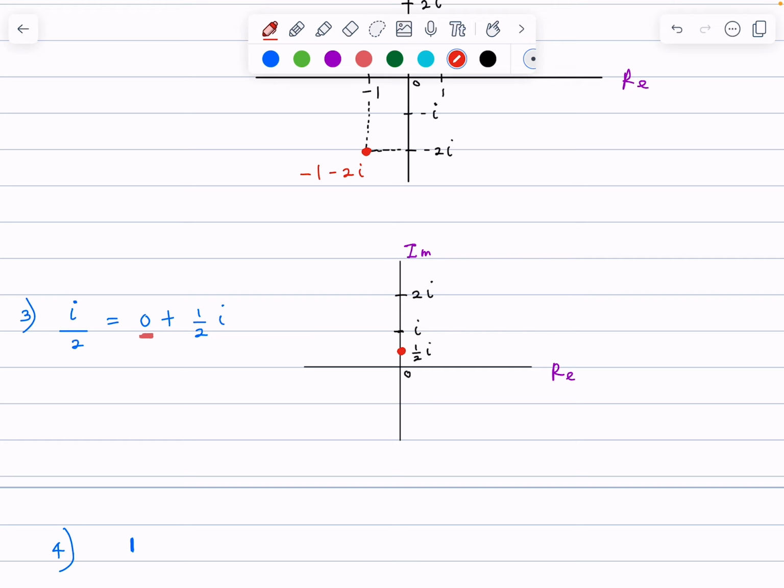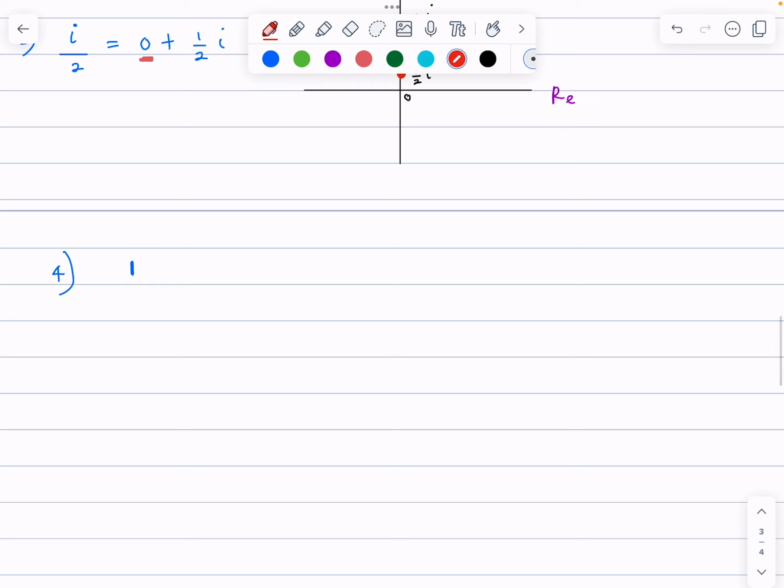So now I want to plot this complex number 1. Somebody's like, oh, that's a real number. Yes, all real numbers are complex numbers. Let me explain. I can write this as 1 plus 0i, because we know from the previous video that complex numbers are written in the form x plus iy or yi, where x and y are real numbers.